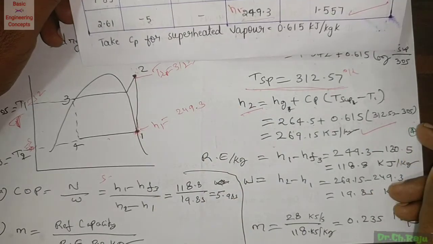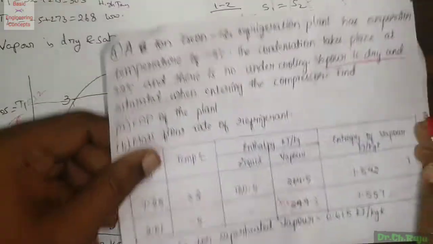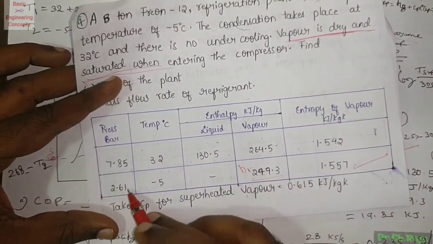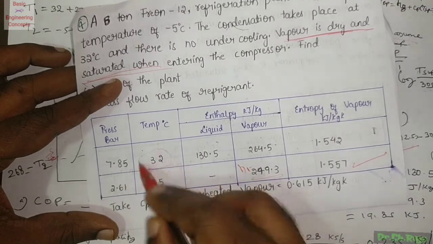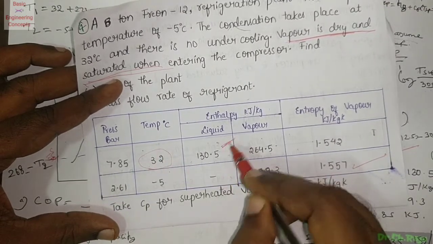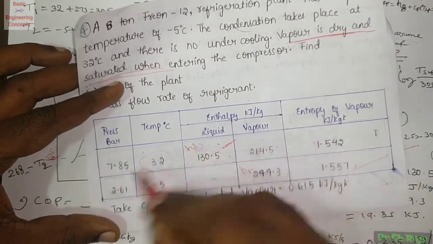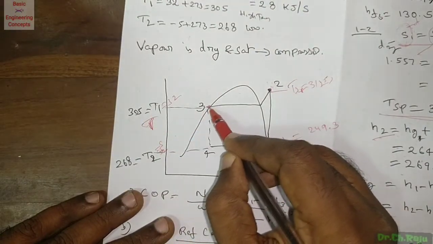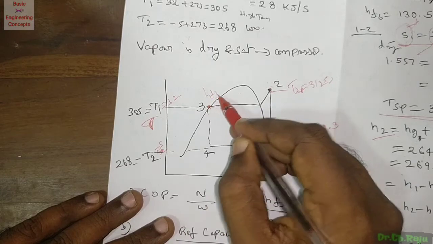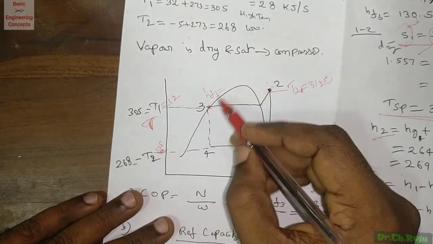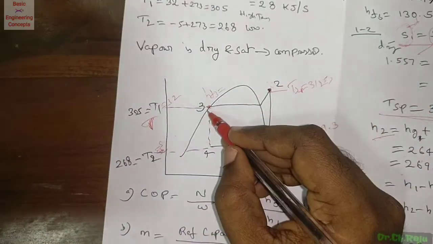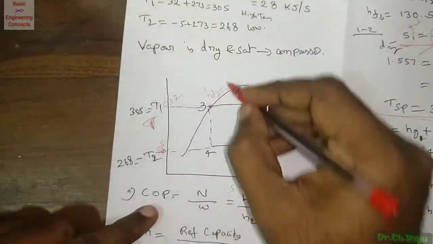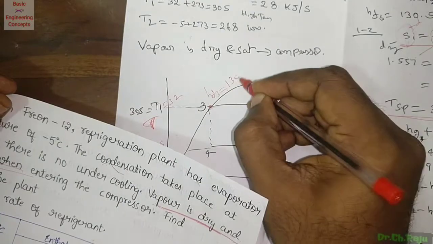HF3 is already given. This is HF3 at 32 degrees, condition 3, that is the liquid enthalpy at 32 degrees, given as 130.5.